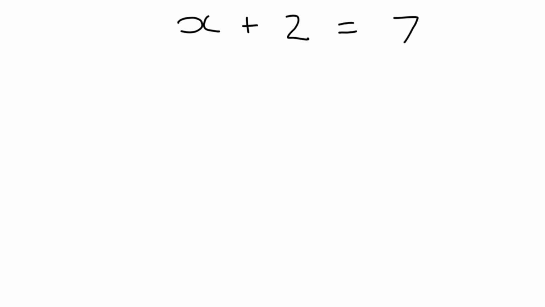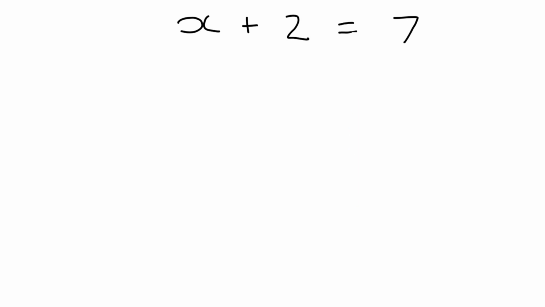And when I'm talking about this equation, I'm going to be talking about everything to the left of the equal sign and everything to the right of the equal sign. So in your mind, you have to think of this equal sign kind of dividing the page in half. And you'll hear me talk about the left side and the right side. So right now on the left side of the equal sign, we have x plus 2. On the right side, we have 7.